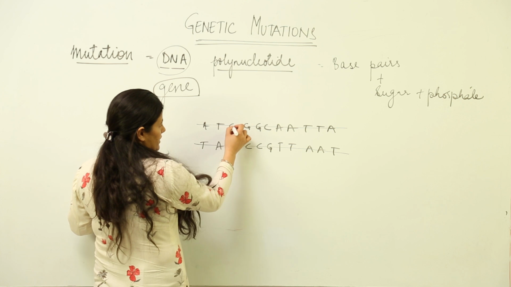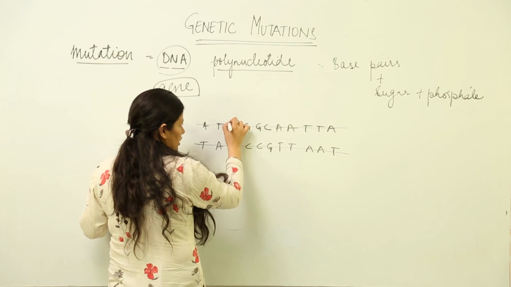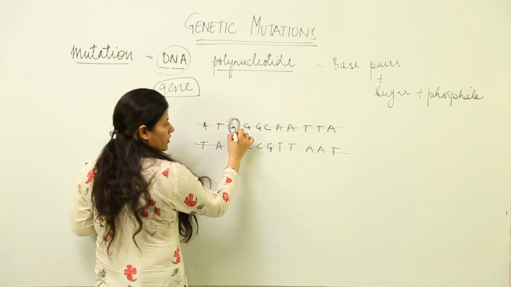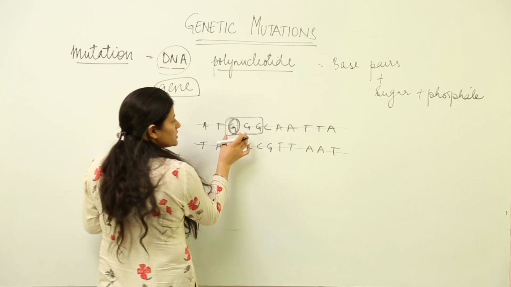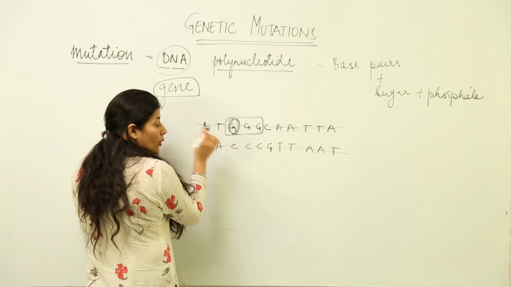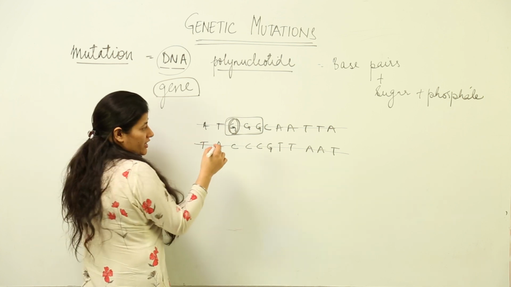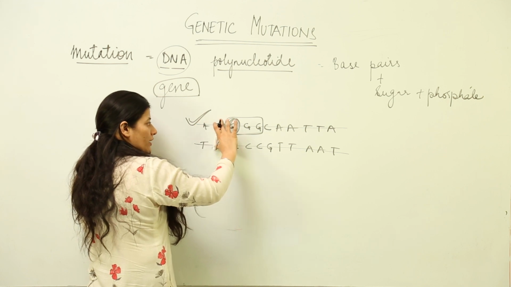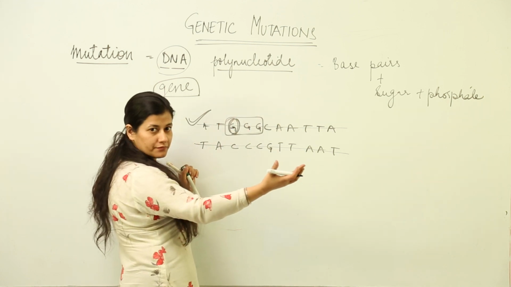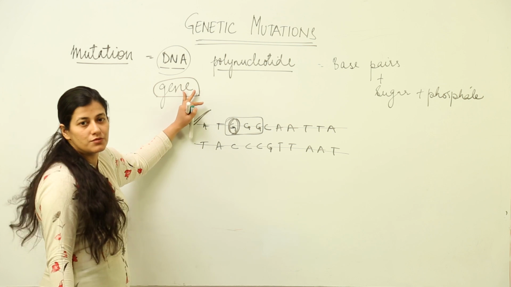What will happen is that this sequence will change, or this entire codon triplet would change, or this would be replaced. So, when the undesirable change takes place at this level where the base pair chemistry is altered, that is known as mutation.